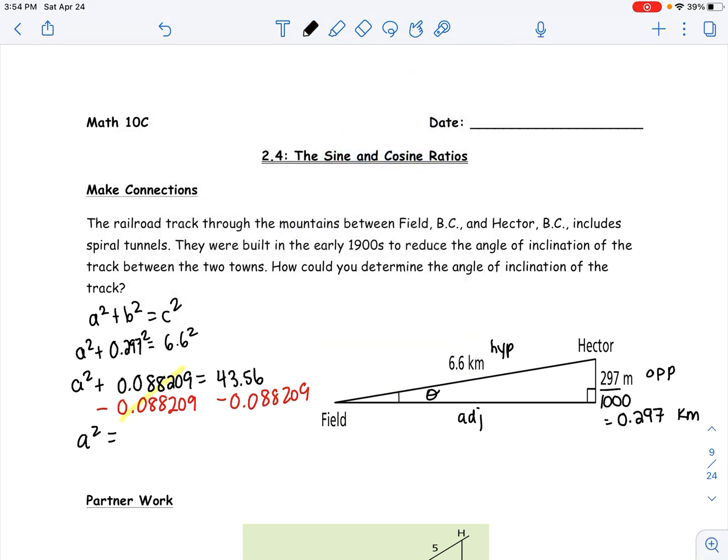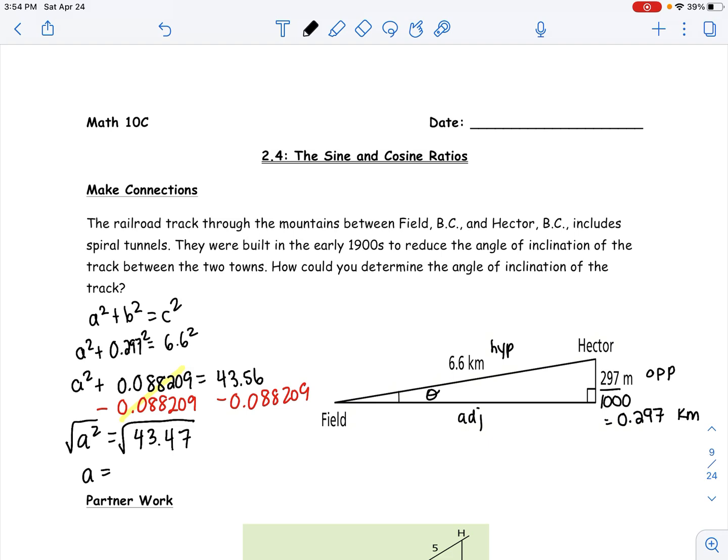So that means a squared equals 43.56 minus 0.088209 in your calculator. So this is what I get when I subtract those two numbers. I'll just keep two decimal places. Lastly, we have to square root both sides to get a by itself.